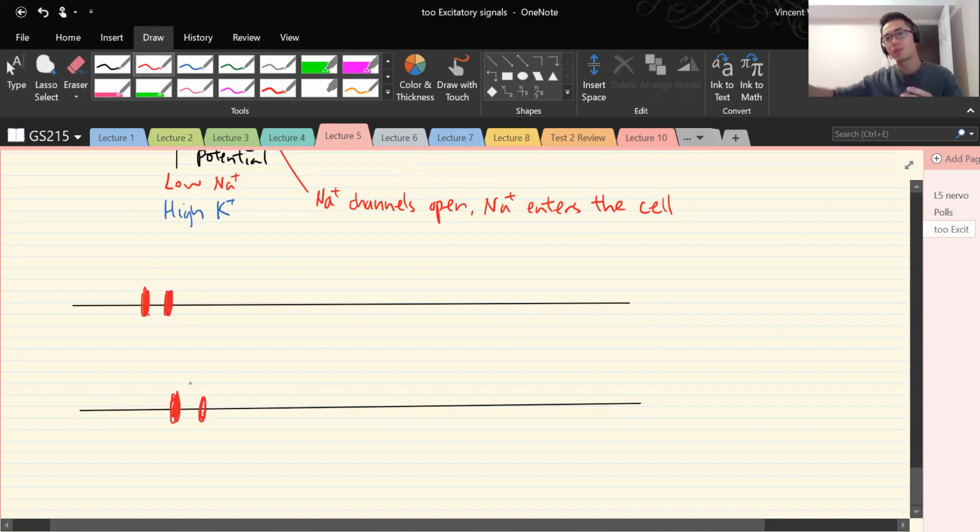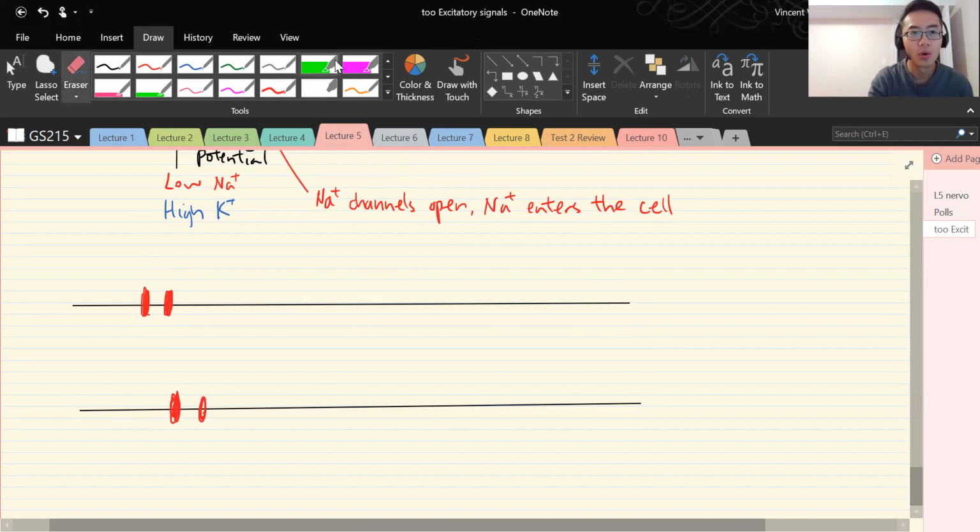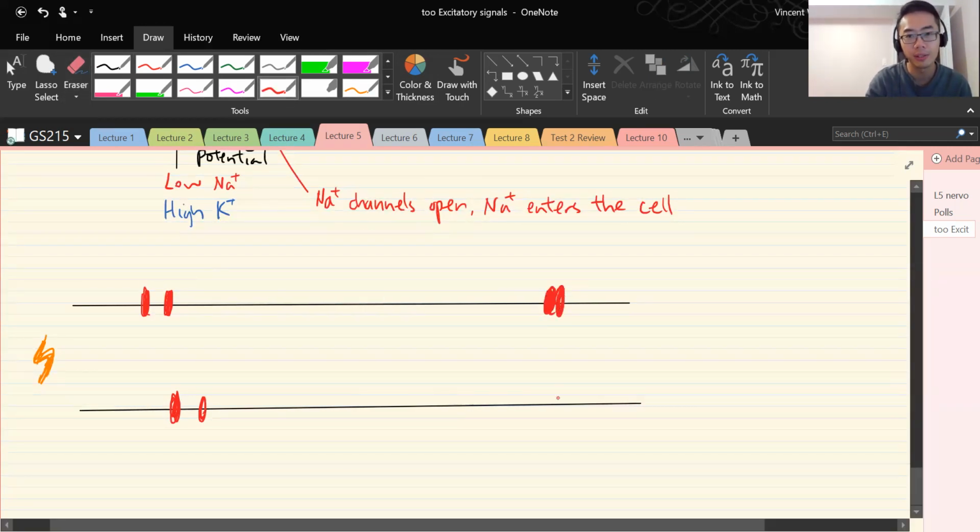Okay. Remember, the axon is really, really long, right? So when the stimulus arrives, it will only open these sodium channels. The sodium channels that are further down the axon, they are still closed, right? Okay. So you have the sodium coming in, all the sodium coming in. Right?